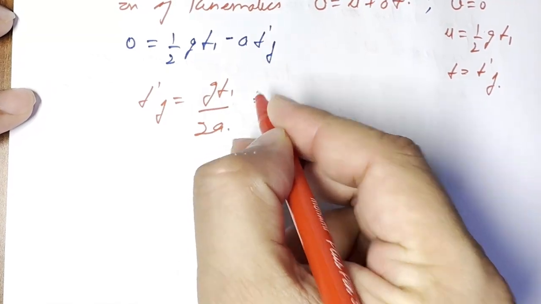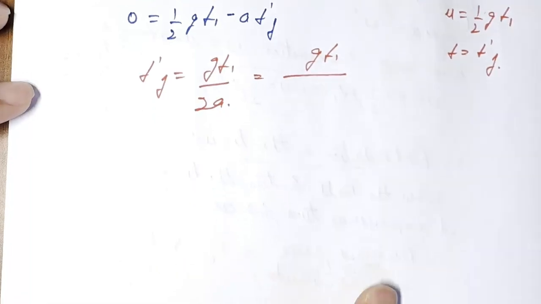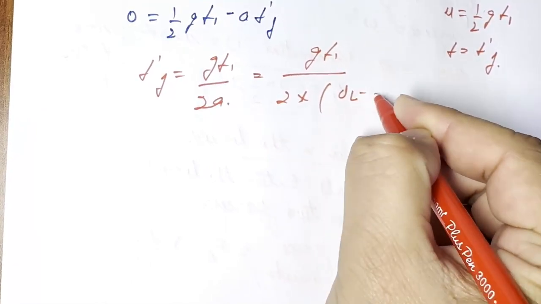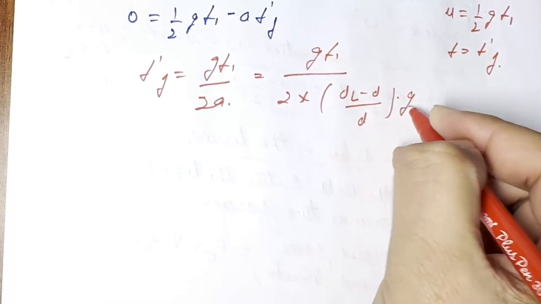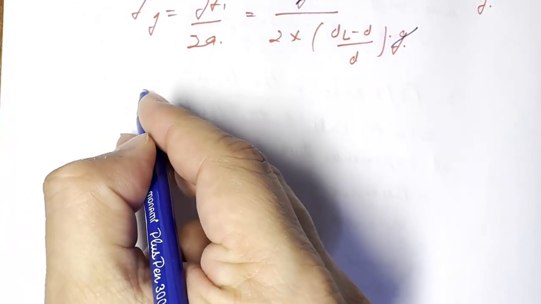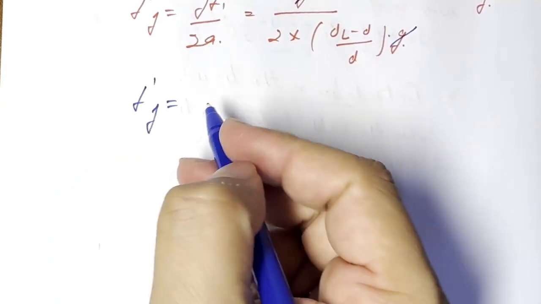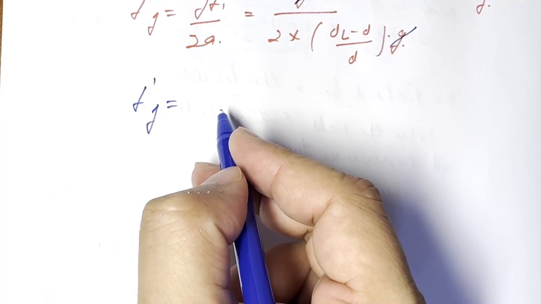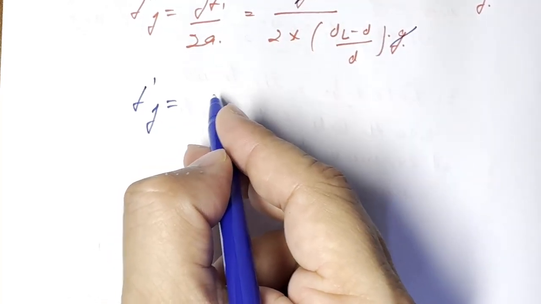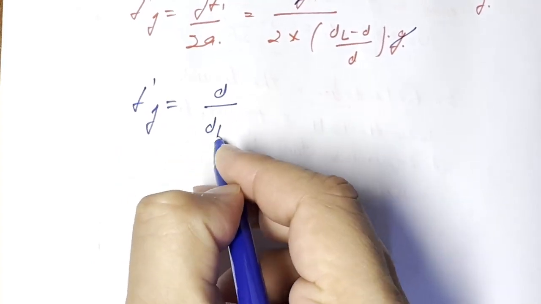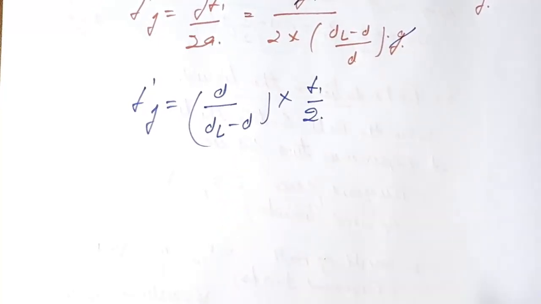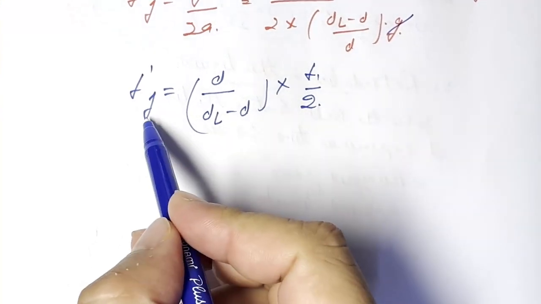So this is g T1 divided by 2, and the acceleration we found is (d_l minus d) divided by d, multiplied by g. g and g cancel out, so T'f will be equal to d upon (d_l minus d) multiplied by T1 divided by 2. So this is our time inside the liquid.